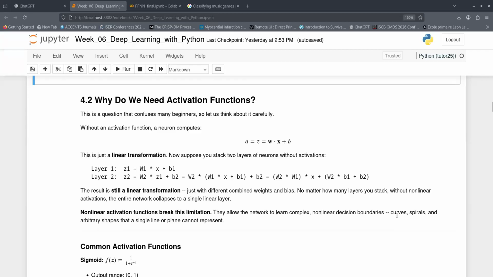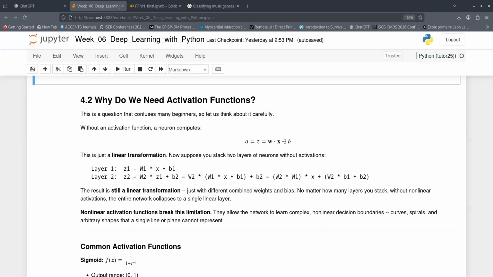If your data appear like curves or spirals, or some arbitrary shapes that a single line or plane cannot represent, a nonlinear activation can easily capture this structure. With linear regression, maybe it's okay for me because I have just a line.